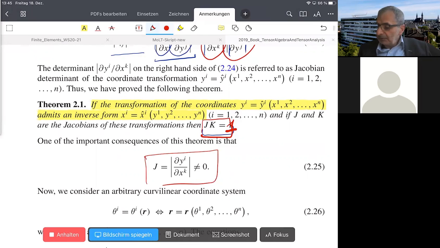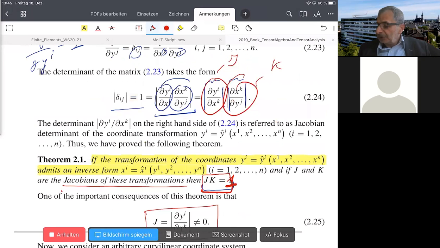A very important theorem. We remembered once more what Jacobian means. It is simply the determinant of this matrix, and the determinant of the right-hand side is referred to as the Jacobian determinant, right?